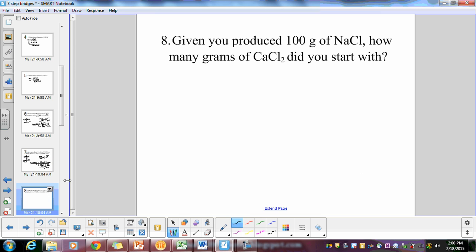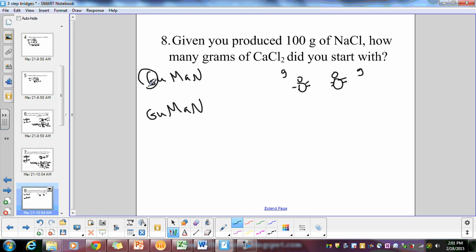All right, and we're going to go one step further here. I'm starting with grams of NaCl and trying to go to grams of CaCl2. So 2 substances means 2 gummans, or 2 mole rats, going from grams of one, first to moles, then to moles of another, then to grams.